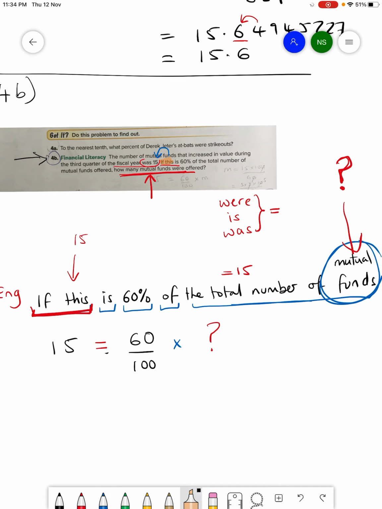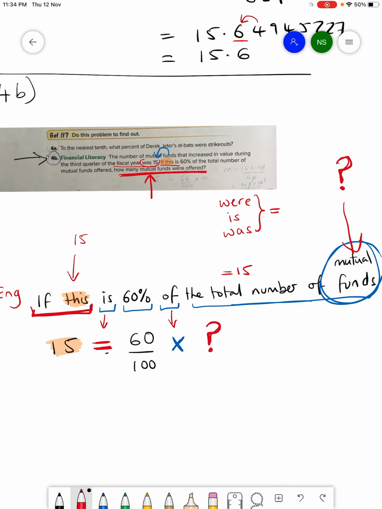So go back in the question and see what number they're just talking about. If this equals 60% of, is times, of the total number of mutual funds. Well, they're asking us at the end how many mutual funds are offered. So this is what we're trying to find.